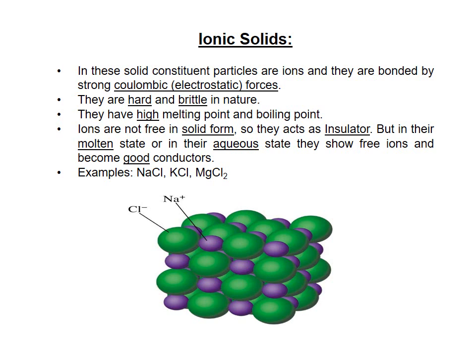But when it is converted into an aqueous solution, that is, NaCl is dissolved in water, it dissociates itself into Na+ and Cl- ions, producing free ions which can conduct electricity. That is the reason why it is said that ionic solids do not conduct electricity in their solid state. They can conduct electricity only in the molten or aqueous solution.